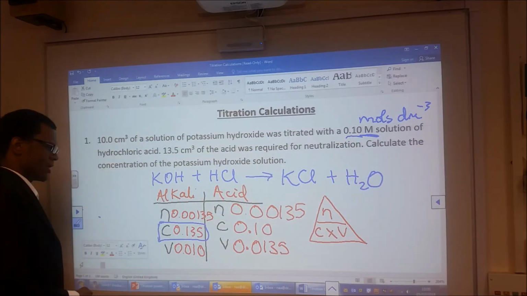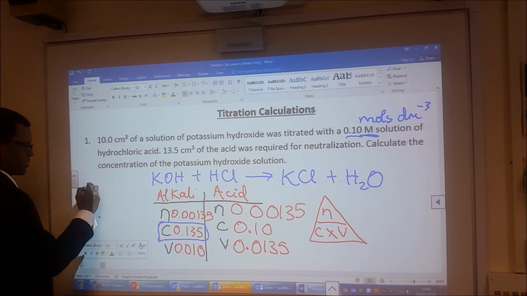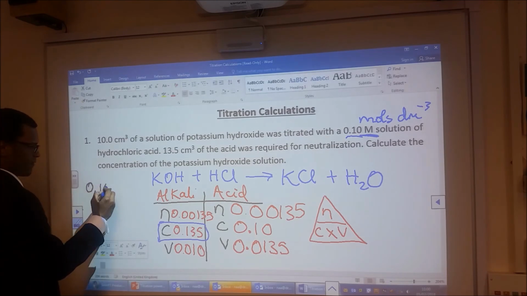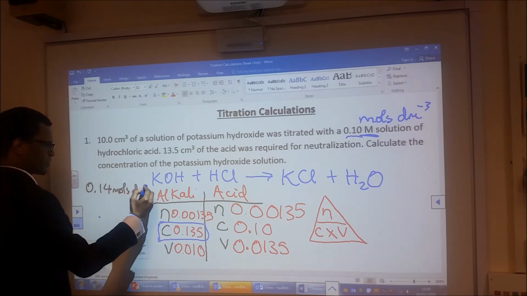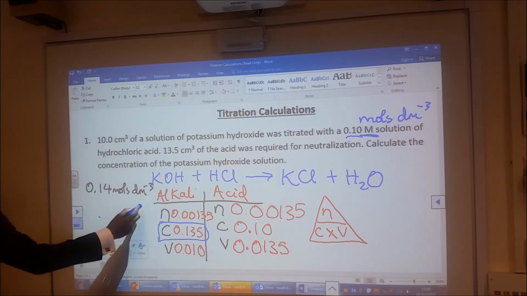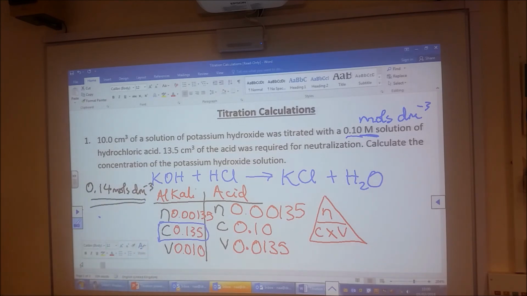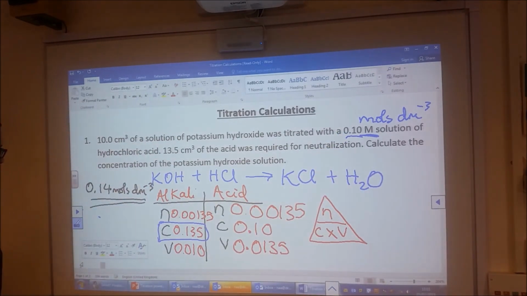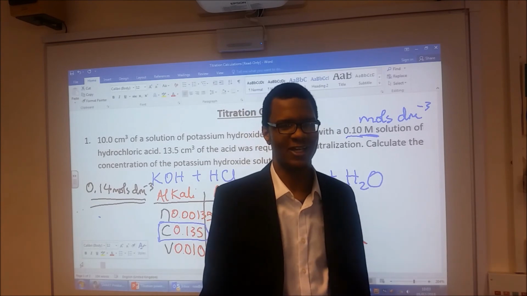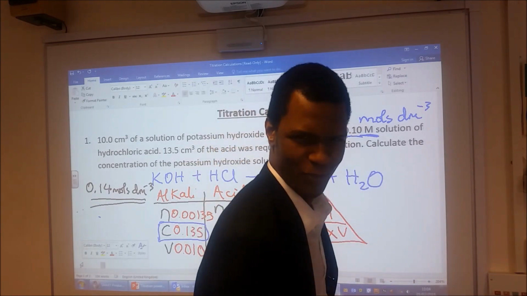So I must round this to 0.14 moles per dm cubed, because we only have our answer there to 2 significant figures, so we can only be accurate to 2 significant figures. And that is that. So I hope that helped, and keep rocking.